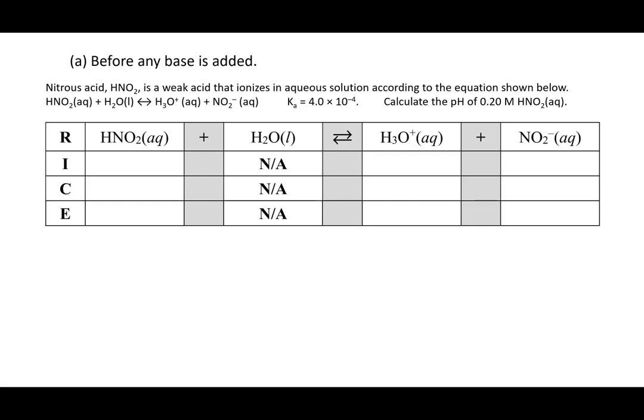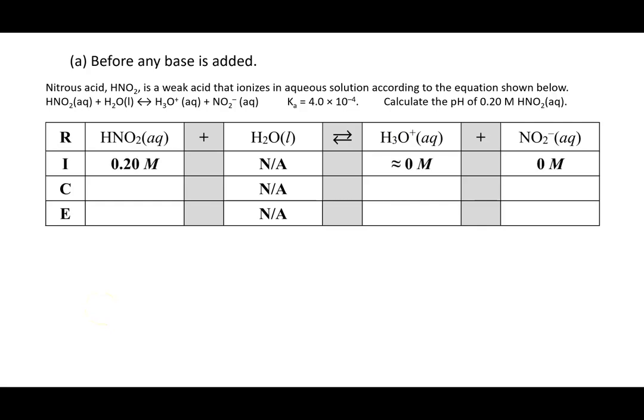It's a weak acid, so it ionizes in an aqueous solution according to this equation: HNO2 plus water comes to an equilibrium with H3O plus and NO2 minus. Ka is given as 4 times 10 to the minus fourth, not an especially small Ka. So we want to calculate the pH of a 0.2 molar solution of HNO2.